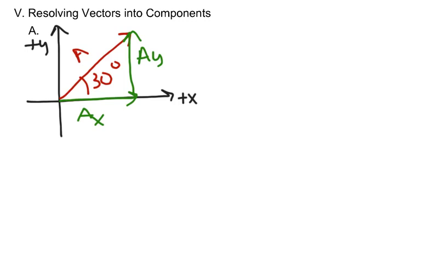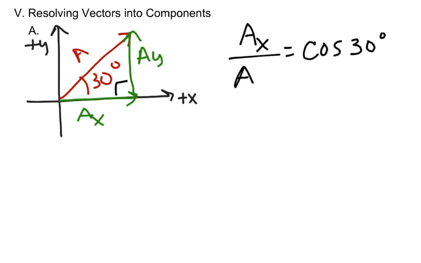Let's start with A sub x. This is a right triangle. If I took the side of A sub x and put it over the hypotenuse A, we would call that cosine theta, or cosine of 30 degrees. If I multiplied both sides by the hypotenuse A, I would get A sub x is equal to A cosine of 30 degrees.